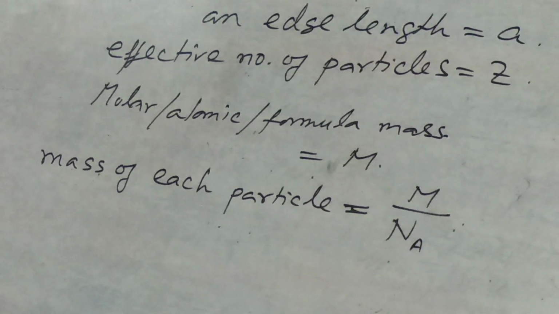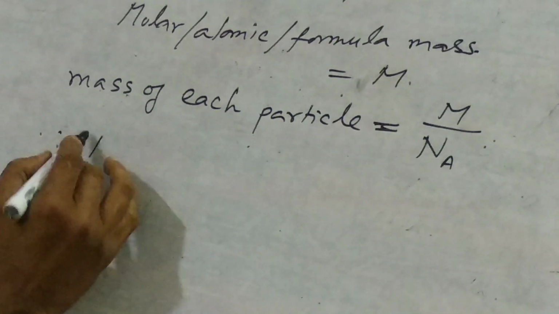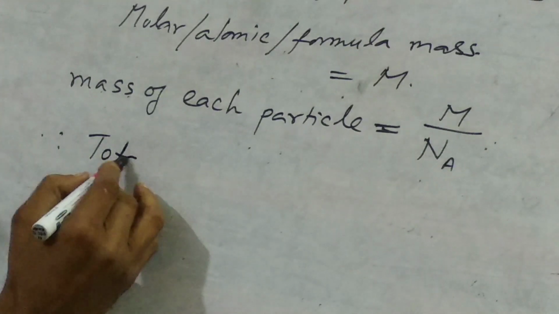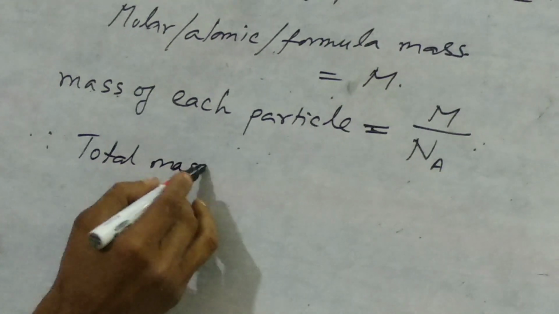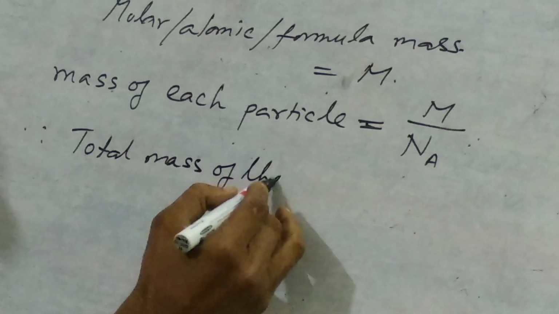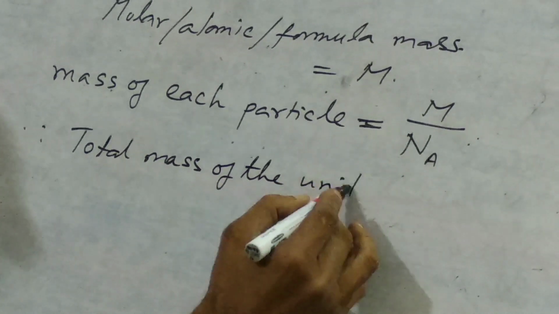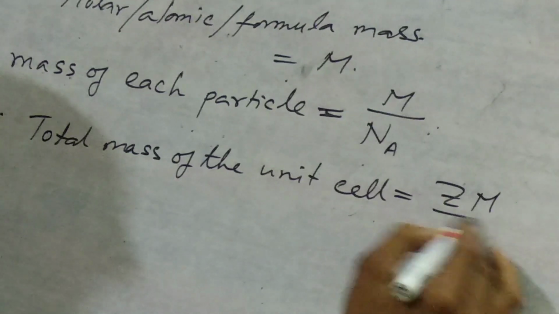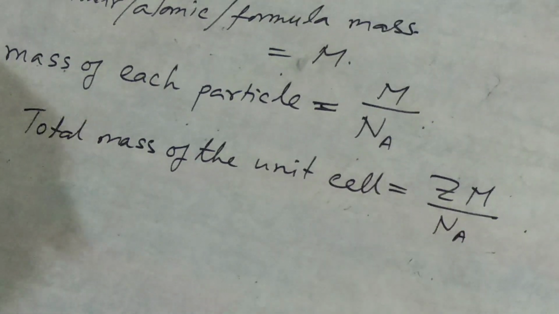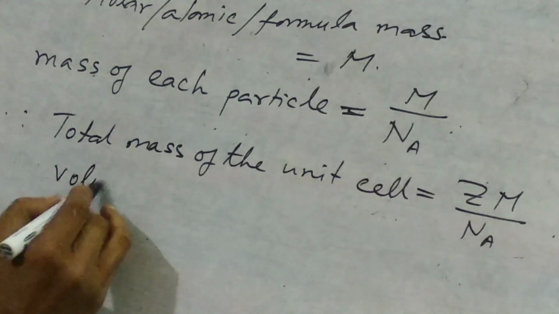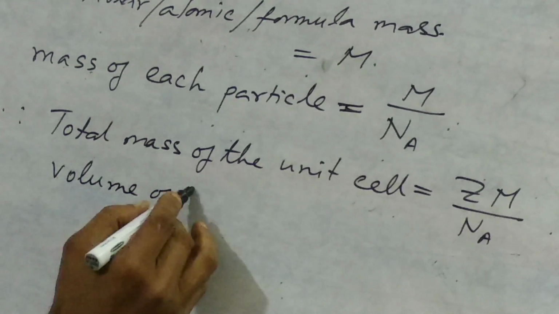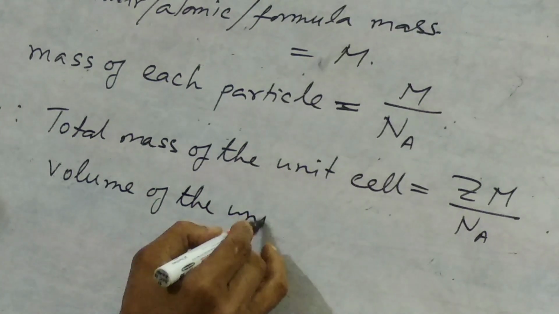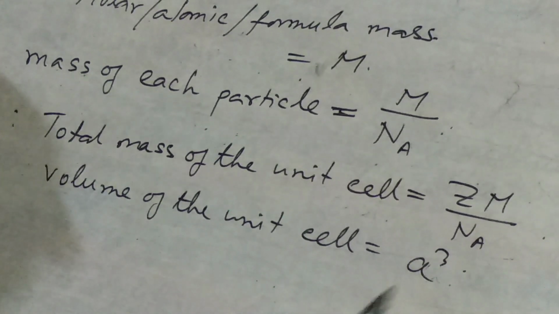Now there are Z number of particles, so total mass of the unit cell equals Z into m by Avogadro number, and the volume of the unit cell equals edge length cube, a cube.